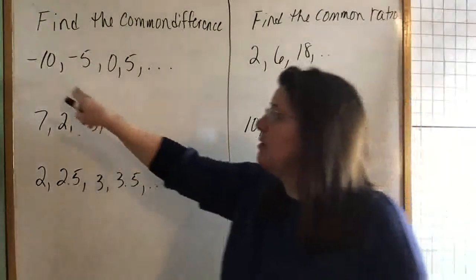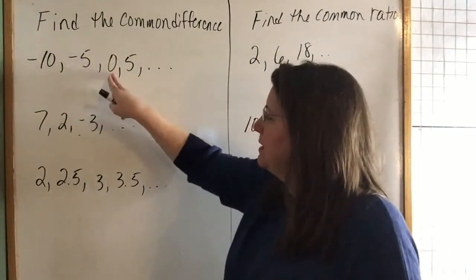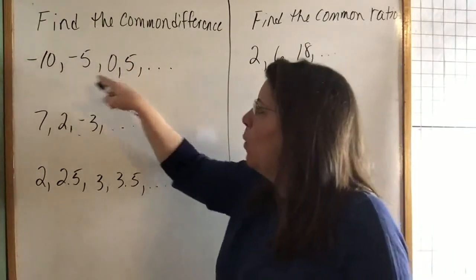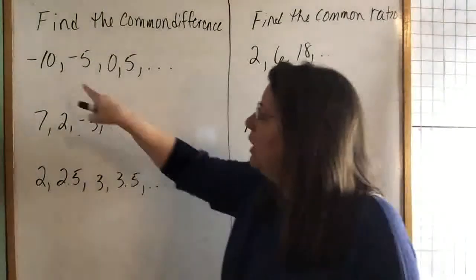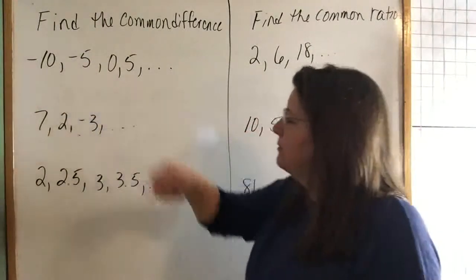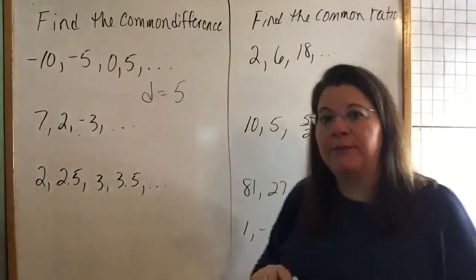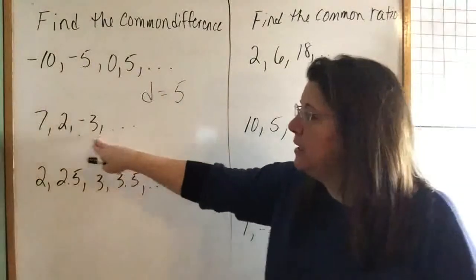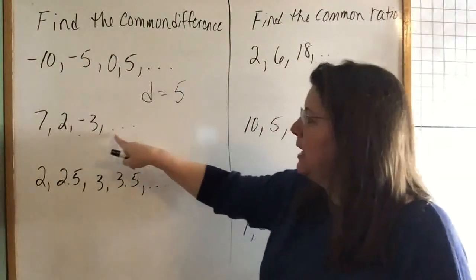So if you look at this, negative 10 goes to negative 5, to 0, to 5. What are we adding to get to the next term? Well, we are adding a 5. So our common difference, or d, would be 5. For this one, 7, then 2, then negative 3.